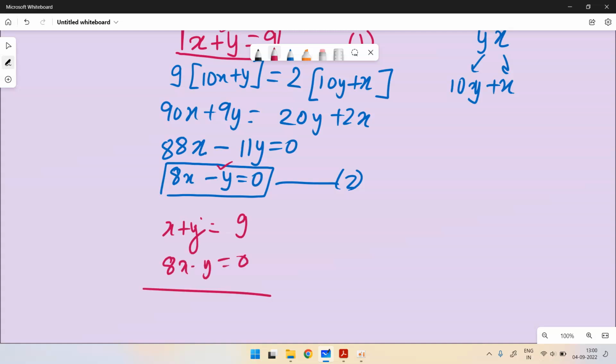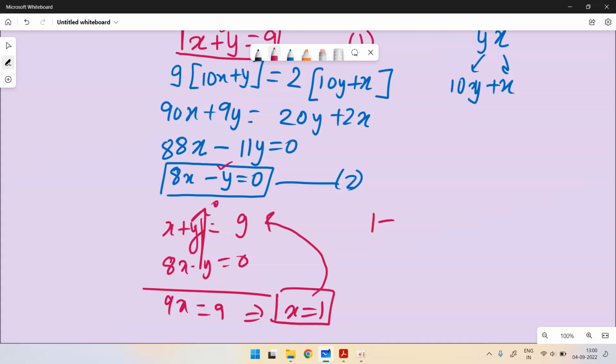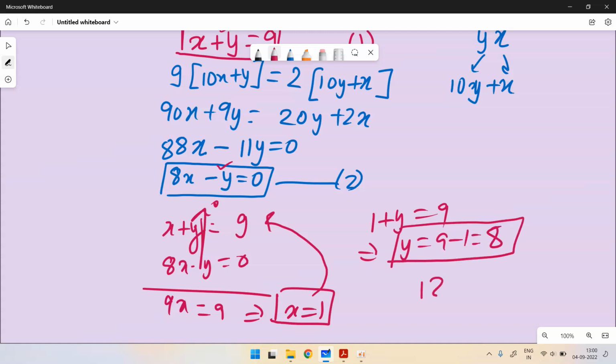If you add them, minus y and plus y become 0, and we get 9x equal to 9 plus 0, which is 9, which implies that the value of x is 1. Substituting the value of x here, 1 plus y equal to 9, which implies that y equals 9 minus 1, which is 8. So the original number was 18.